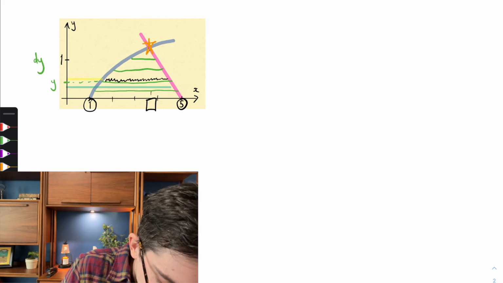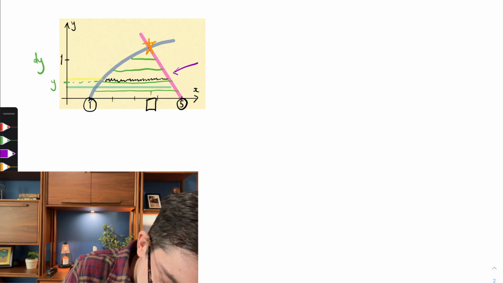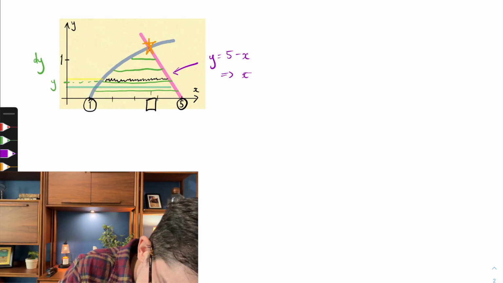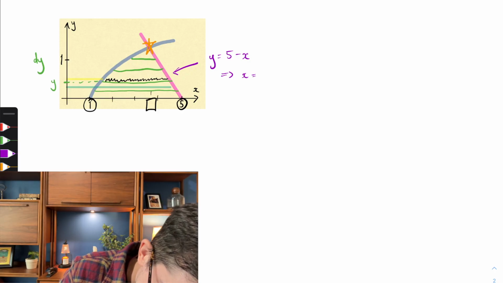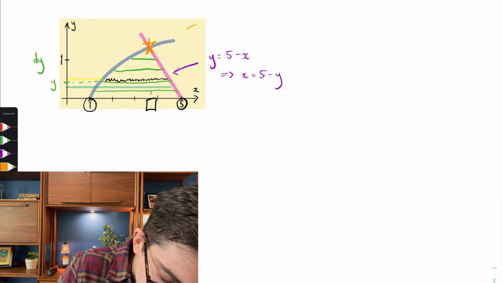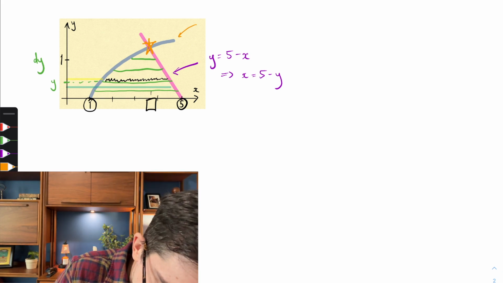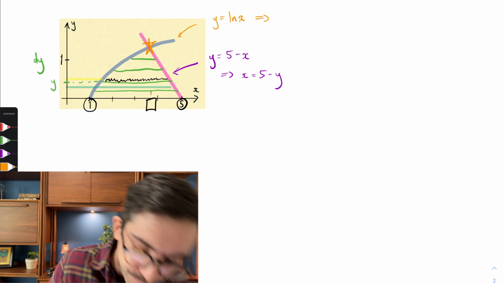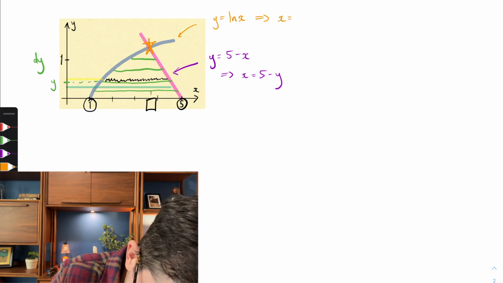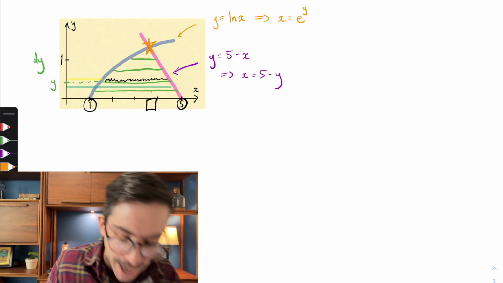Well, if this rule was y equals 5 minus x, I can rearrange that to write that x is just 5 minus y. I can do similarly with the other curve. If that rule was y equals ln of x, let's hit that with an exponential function, because that tells me that x is going to be e to the y.